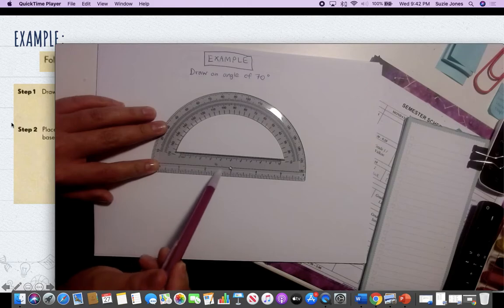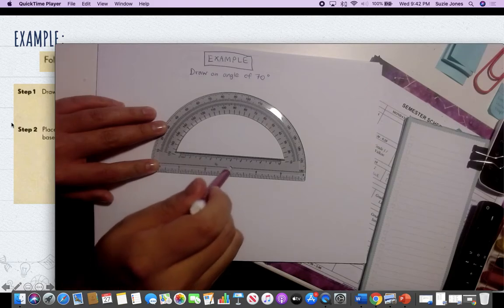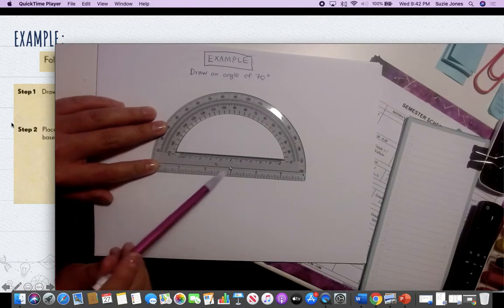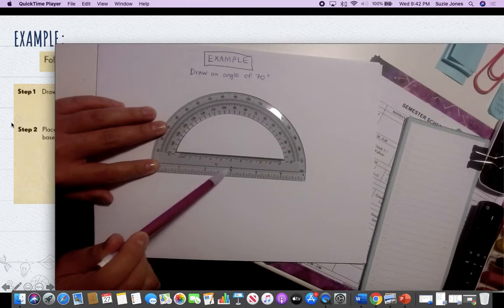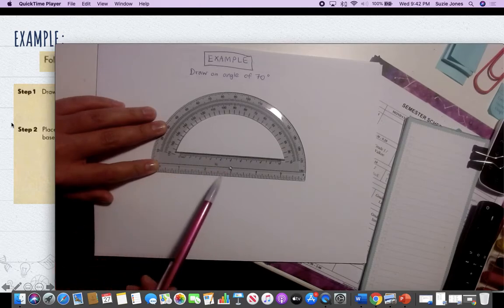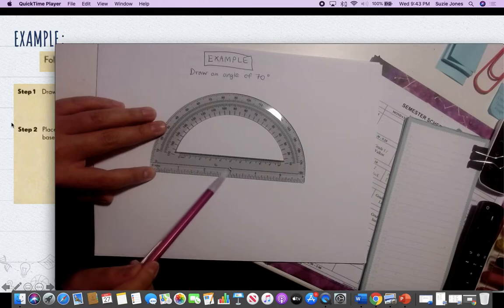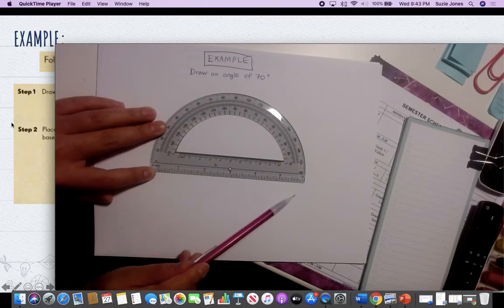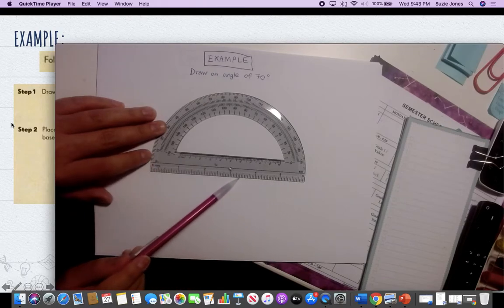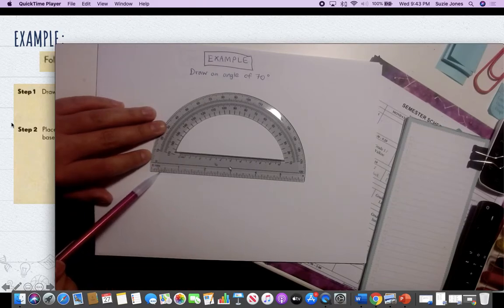For my protractor, there's a center point with a hole in it. Maybe some of you don't have that hole, but I have that hole right here. And the baseline on the protractor, do you see how there's a straight line that goes through that hole, right, over here? I'm not talking about the edge of my protractor. That's not what I'm talking about.